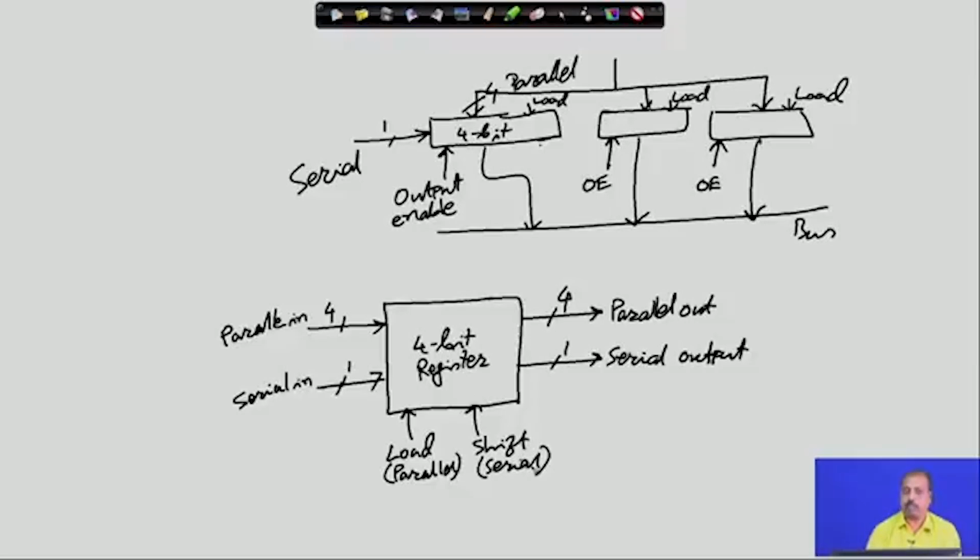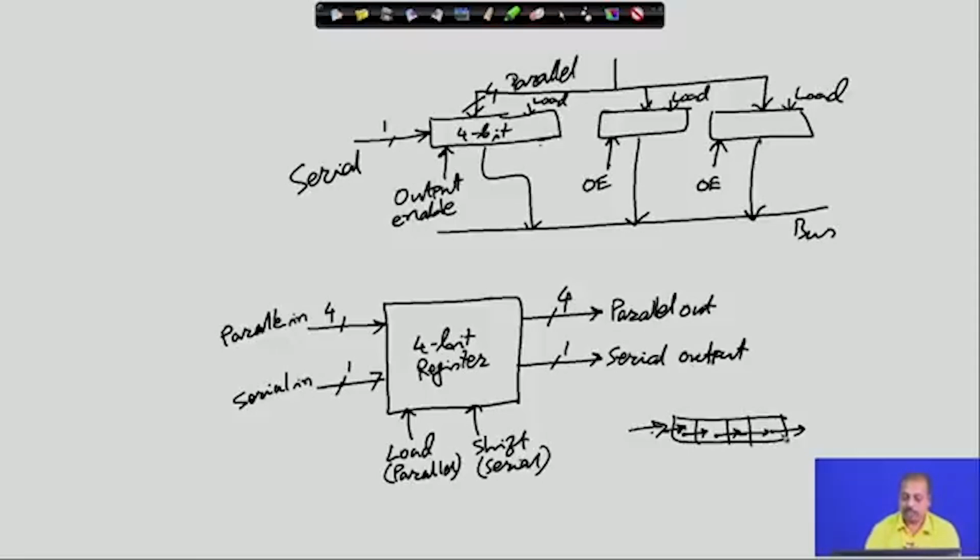It is called shift because if this is a register and it has got 4 stages, then when you are loading the next value serially here, the previous value that was stored here gets shifted to the next position, this goes to the next, and the final value gets lost, or it is available at the serial output. So, this is known as the shift control or serial control. These are the control lines that I should have in the register.